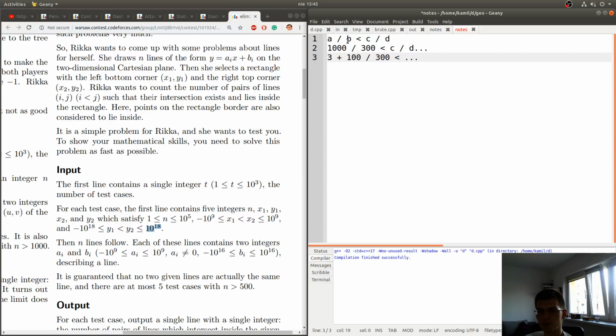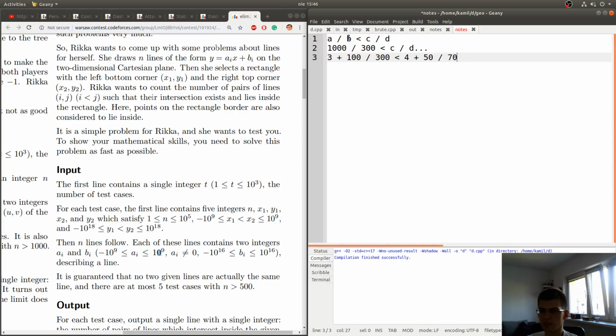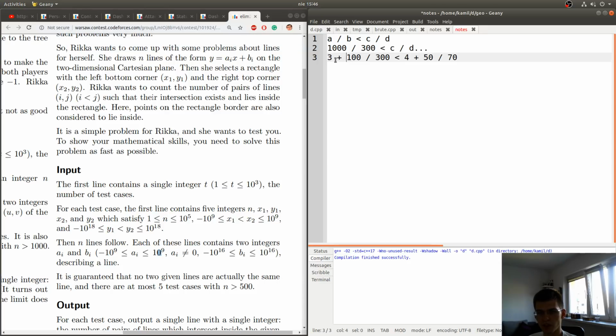And in this problem, when you find these fractions, it turns out that b and d came from the x value and a value, and they do not exceed 1 million. a and c can be huge, but thanks to writing it like this, you get rid of this huge number. Now you can easily compare, because you first compare the integer part.